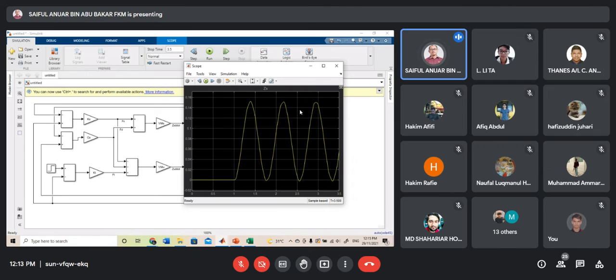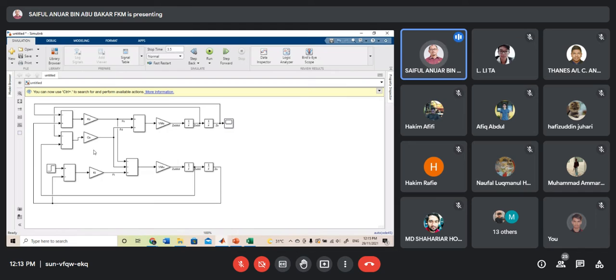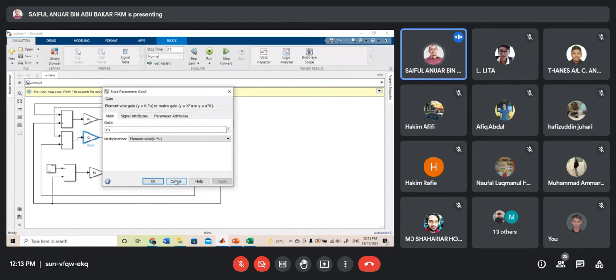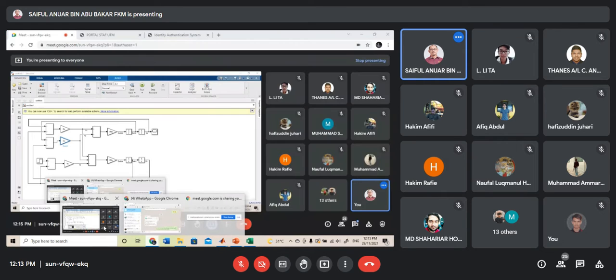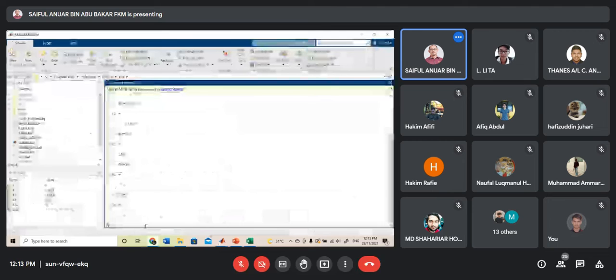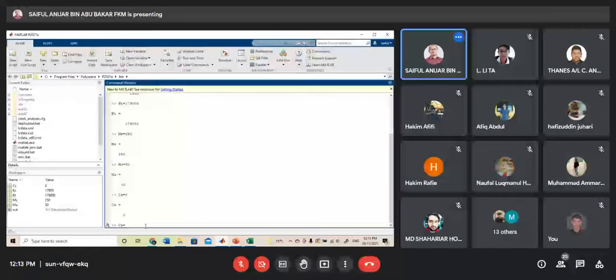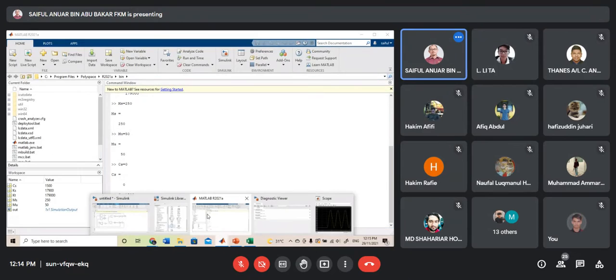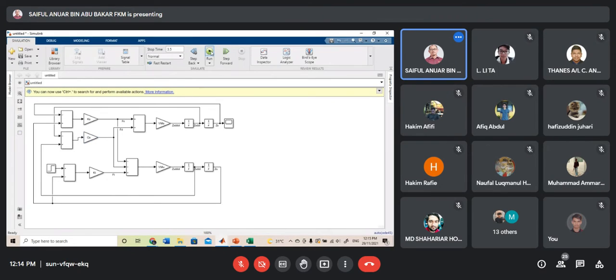So itu samalah in this case. Cumanya dalam ni kita play around the value of TS in our suspension system. Jadi ini saya tukar balik. Tak ada error, saya tukar lah.